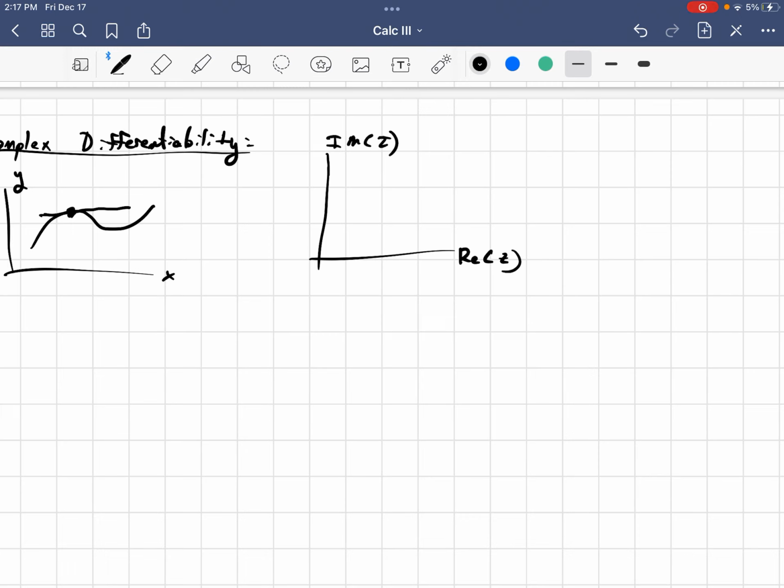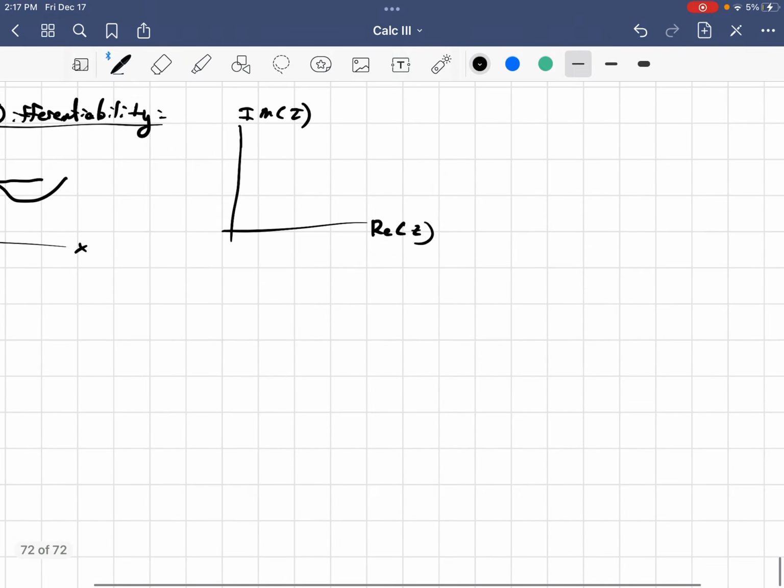And this extra added dimension adds in a lot of extra nuances for complex valued functions. So if I am looking at this particular point, maybe it's 1 plus i, but it really doesn't matter what the point is.